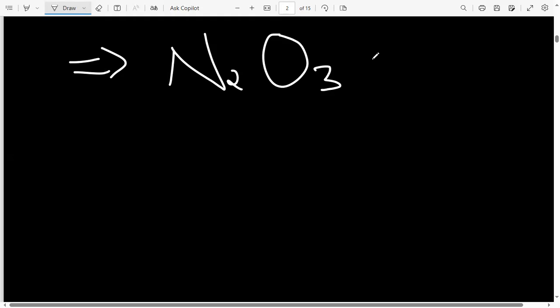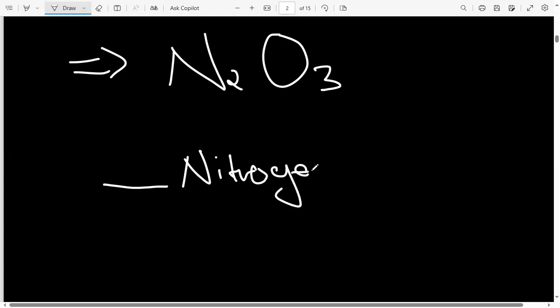So how are we going to name it? You first write the name of the first element. But notice that this first element now has a 2 there as a prefix. So I'm going to write a dash. What is the name of this element? I'm going to write nitrogen. And then I'm going to say dash. This is oxygen, so when it ends with IDE, it's going to become what? Oxide.